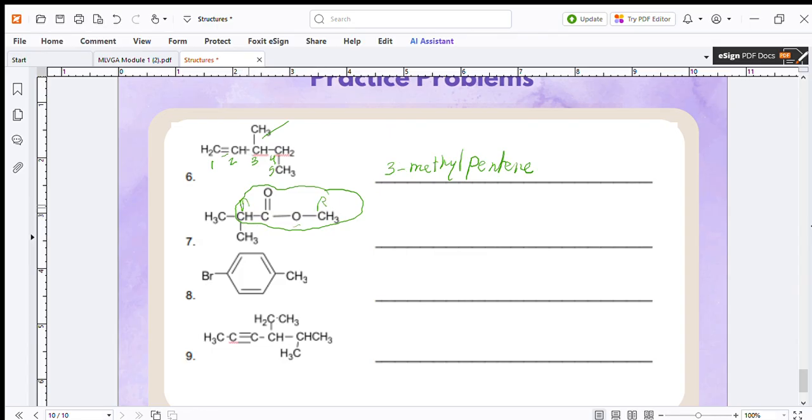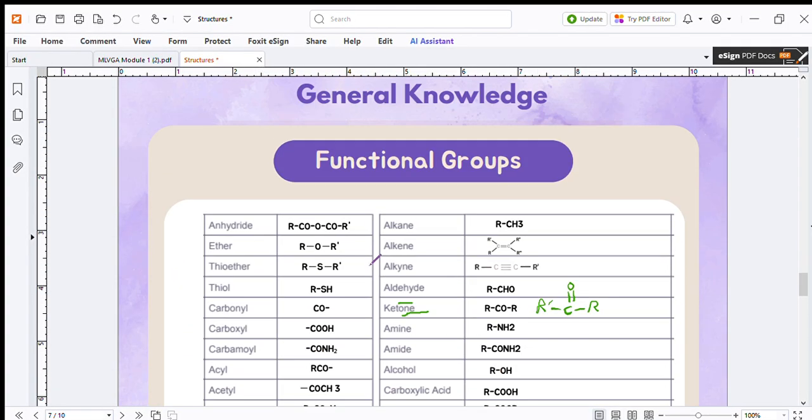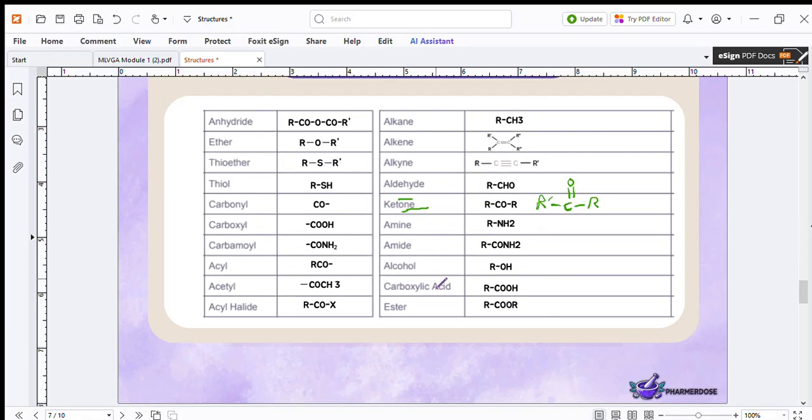Ito naman ay R. So, ano kaya ang pangalan nito? So, balik po tayo sa carbon chains. Yung nakita natin ay yung RCOOR. So, it is pertaining to esters. Then, the esters have the suffix which is called oate. Ito po ang suffix niya.